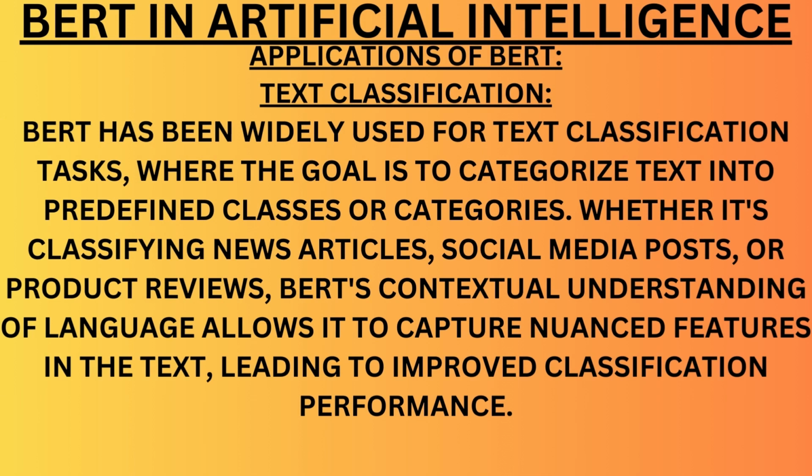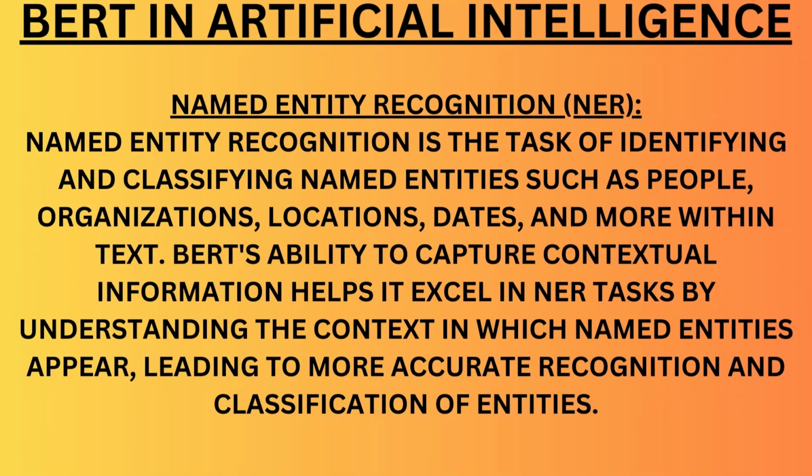Text classification. BERT has been widely used for text classification tasks where the goal is to categorize text into predefined classes or categories. Whether it's classifying news articles, social media posts, or product reviews, BERT's contextual understanding of language allows it to capture nuanced features in the text, leading to improved classification performance. Named Entity Recognition (NER).